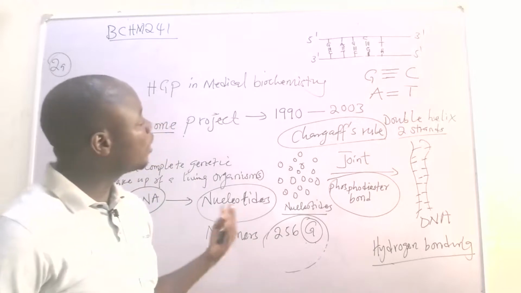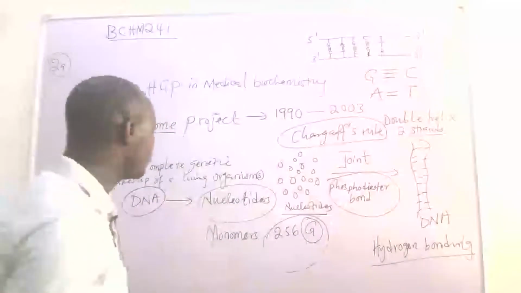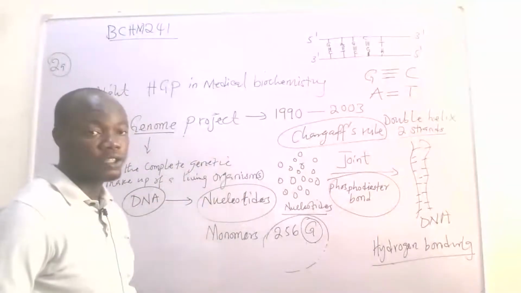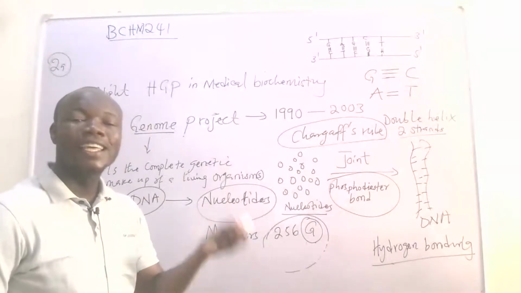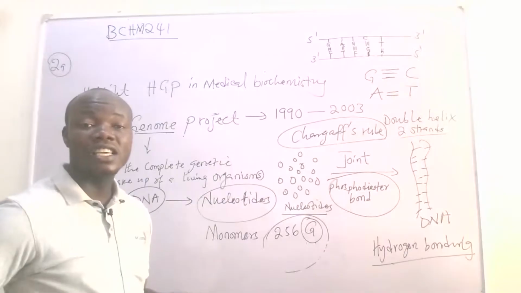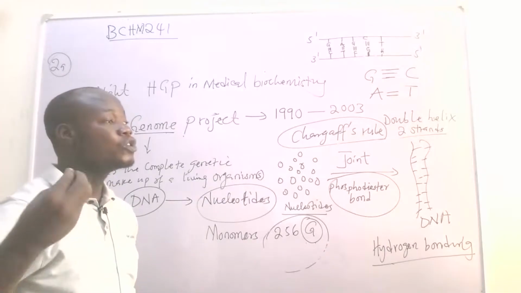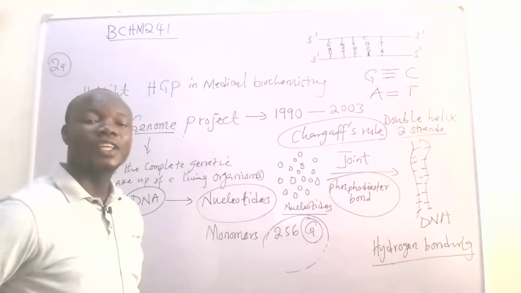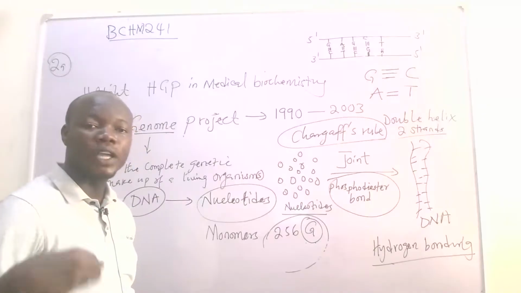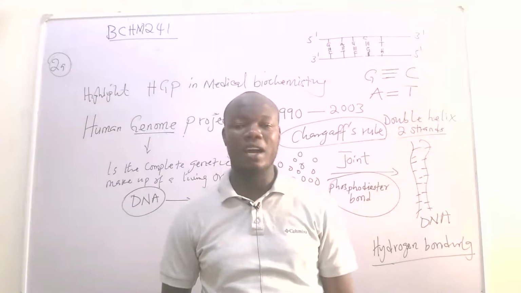After Chargaff's rule, we are now talking about the Human Genome Project. The Human Genome Project was a project conducted by scientists in 5 different countries. Because the human genome is very large, the scientists could not sequence the whole DNA in one country, in fact in one lab.